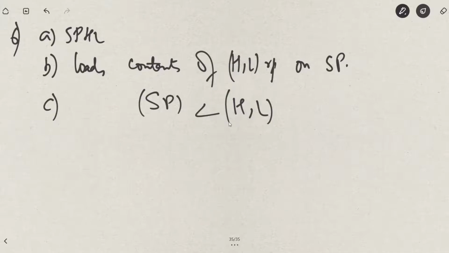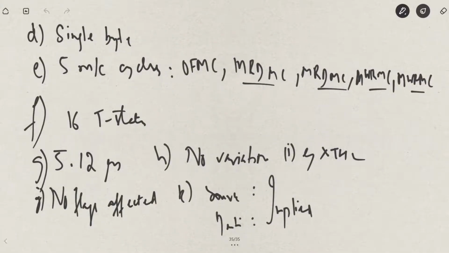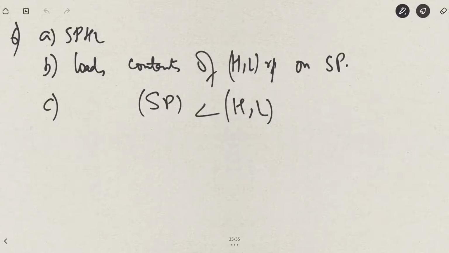So this is almost similar to push RP. We had a variation of it that was push H. What push H does is it transfers the data from the HL register pair to the top of the stack.